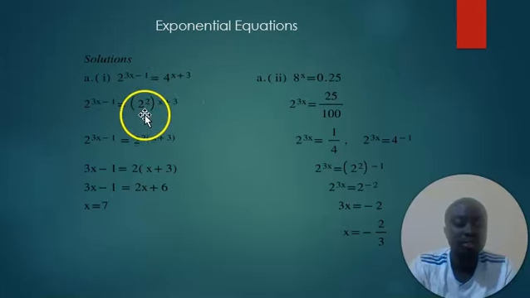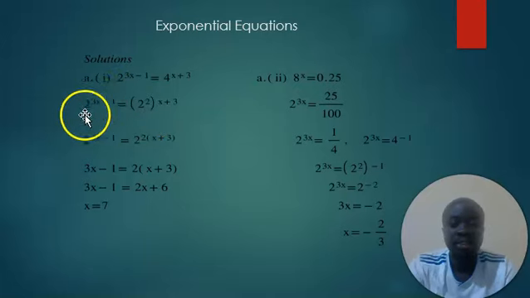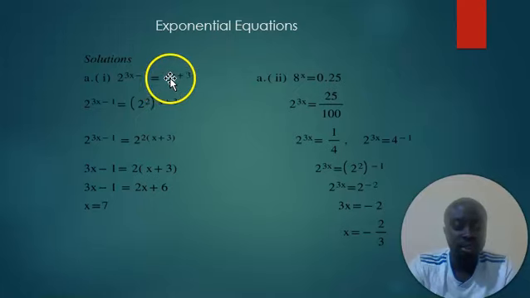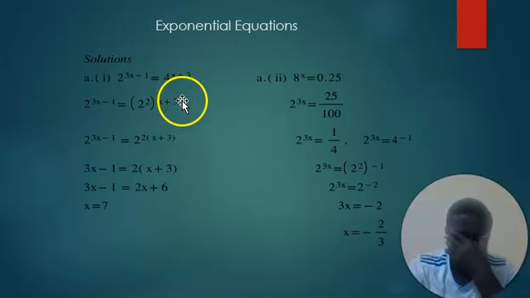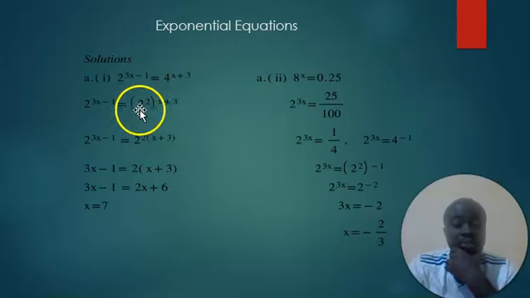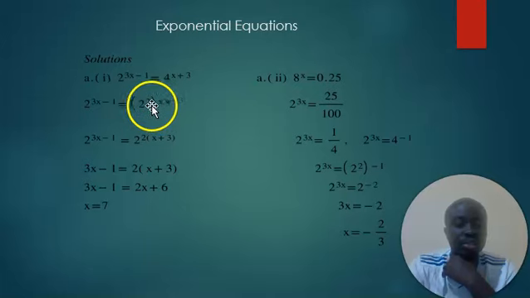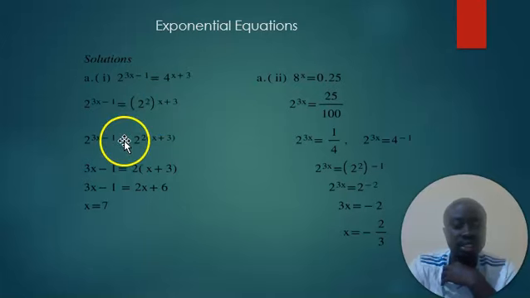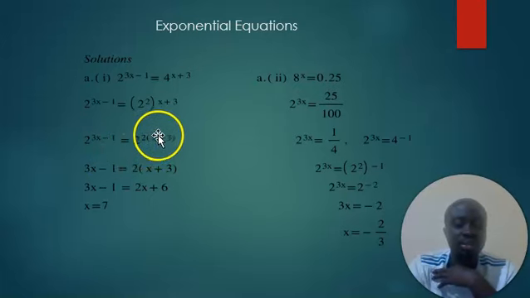So when you come here, you won't do anything to this. You have to maintain this one. Then you come here, because this one has to be changed to suit this base. So 2 raised to the power 2 multiplied by the expression x plus 3.